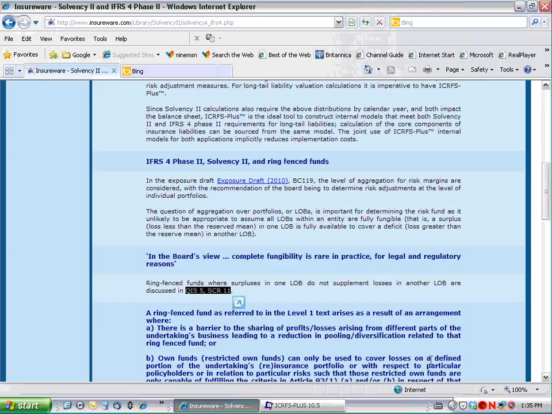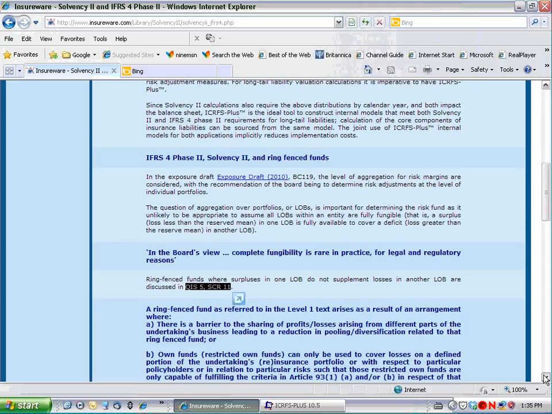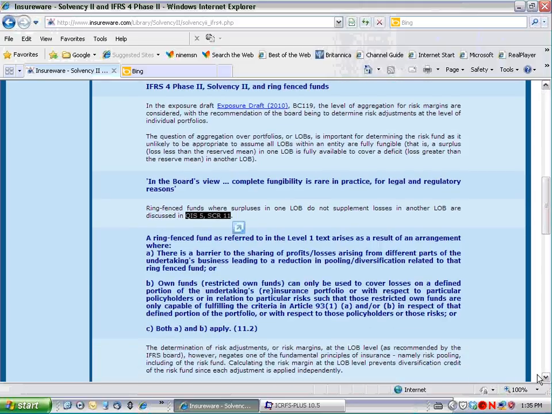Now, what does fungibility actually mean? If you've got two LOBs, typically if you get full risk diversification credit and you look at the distribution of the aggregate of these two LOBs, you are implicitly arguing that a loss in one LOB that is less than the mean, let's call that a surplus or profit, can be used to pay for losses in the other LOB that exceed the mean.